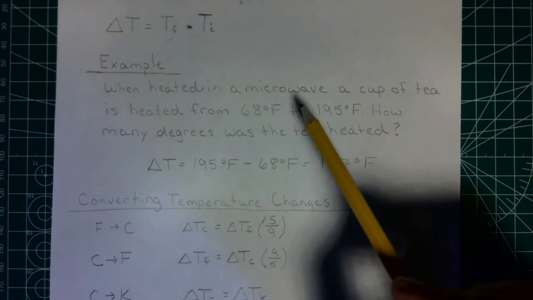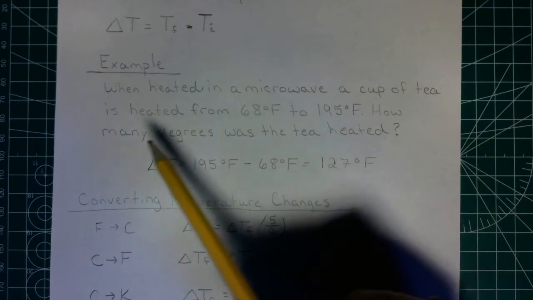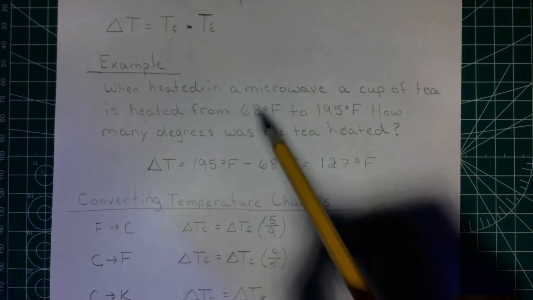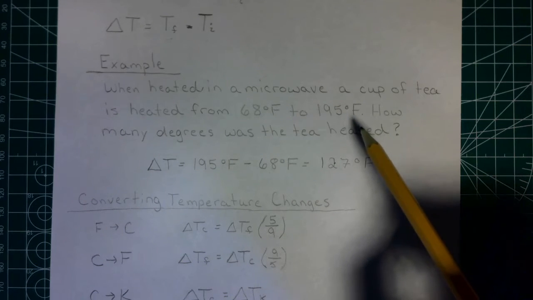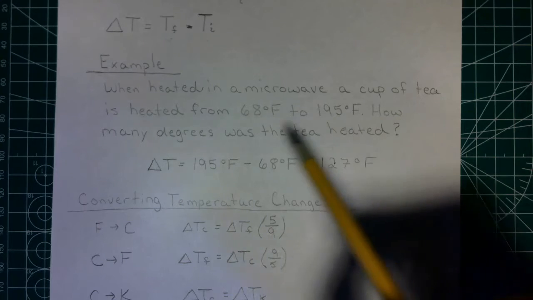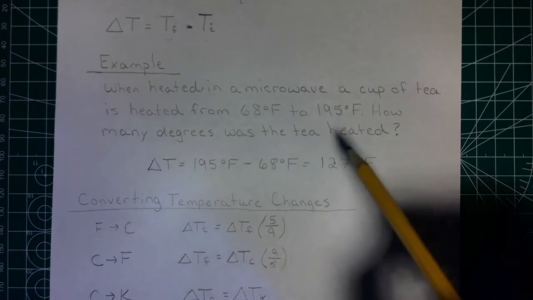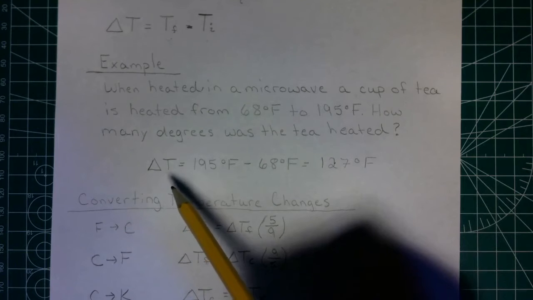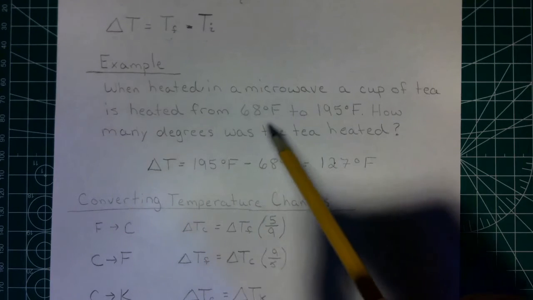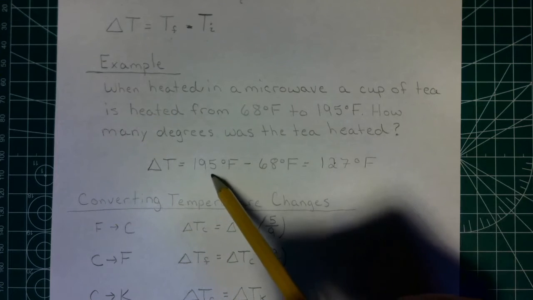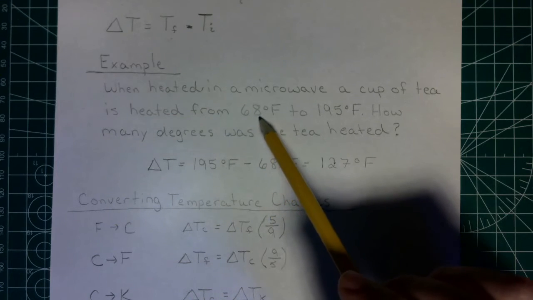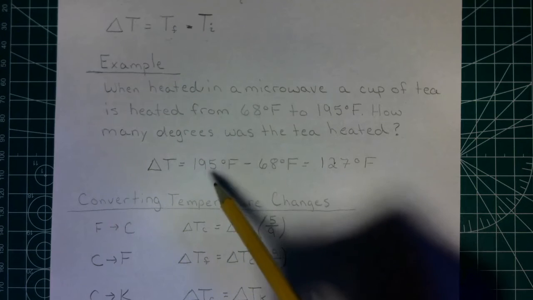When heated in a microwave, a cup of tea is heated from 68 degrees Fahrenheit to 195 degrees Fahrenheit. How many degrees was the tea heated? In this case, we're heating it and its final temperature is 195 degrees Fahrenheit, and its initial temperature when we put it in there was 68 degrees Fahrenheit.